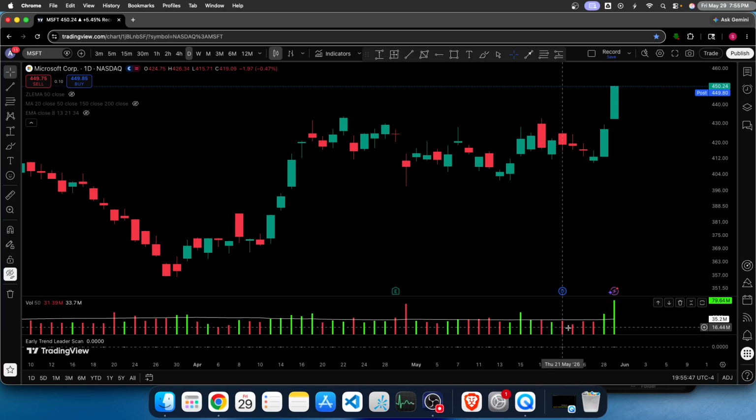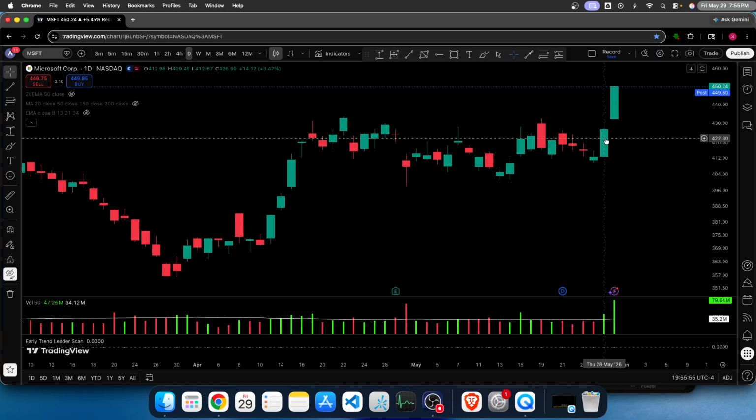You see there was no volume for 4 to 6 days, and suddenly you see a big spike in volume, and the action was very bullish, and it closed much closer to the high of the day. The high of the day is 429 or 430ish, and it closed close to 427. So that was already telling you that there is a lot of buying interest coming back into Microsoft.